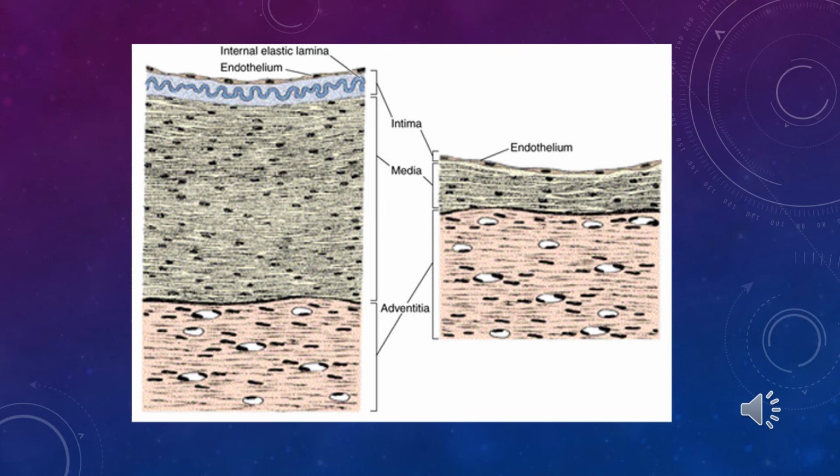On this slide, differences between artery and vein are very nicely visible, muscular artery and muscular vein. You can see the size of the tunica media. It's a great difference.